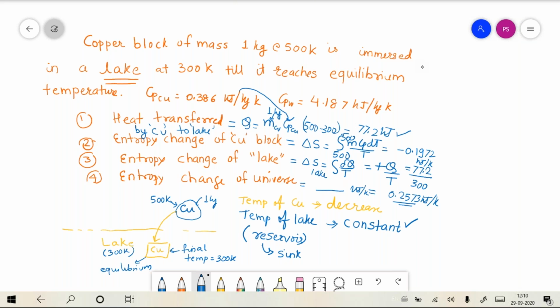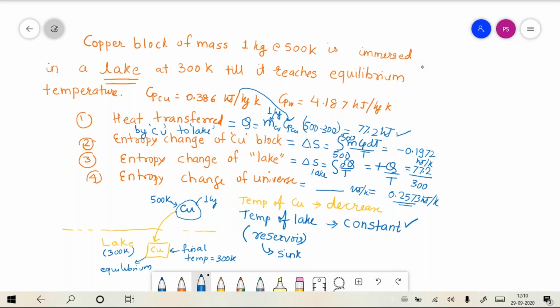You must understand that you are getting this positive value in spite of the fact that there is no energy loss. Energy is conserved. However, the entropy of the universe has increased.